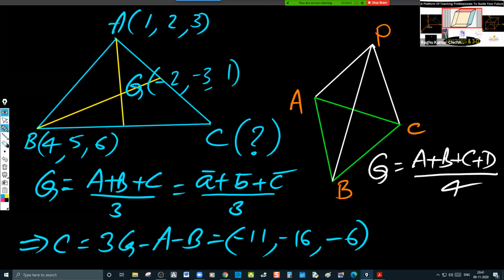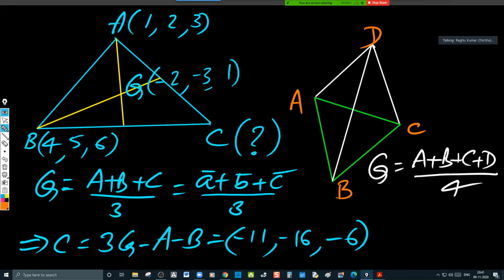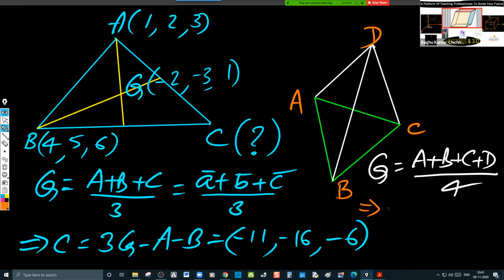Let me change this for a better understanding, as D. So if you are given 3 vertices and the centroid, then you can find the 4th vertex. D is equal to 4 times G minus A minus B minus C.